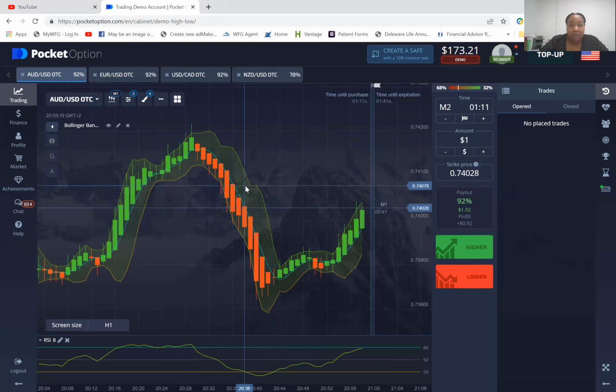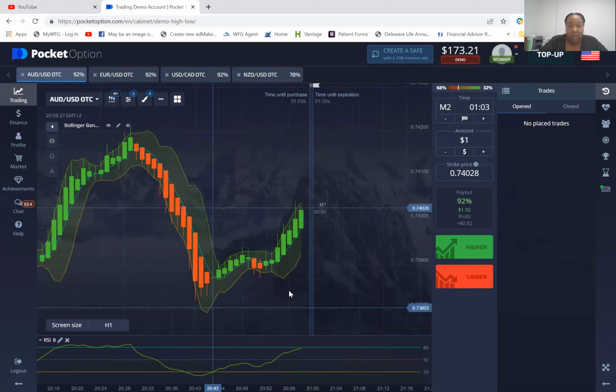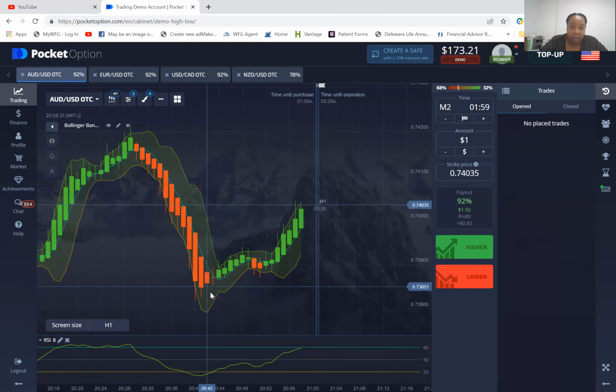Let's see what else I am looking for. Another opportunity would be down here at the point where the RSI was below the 20. So that would be right up in here, okay? And then you see the next candle.